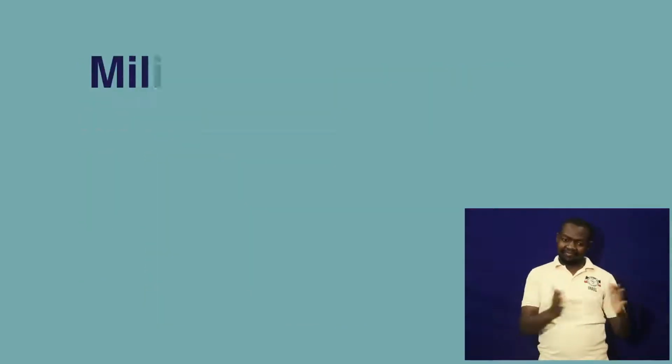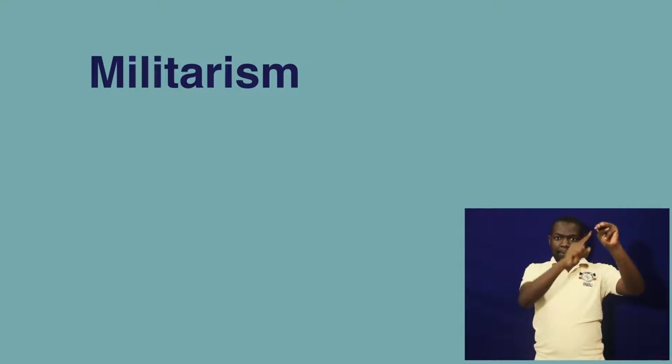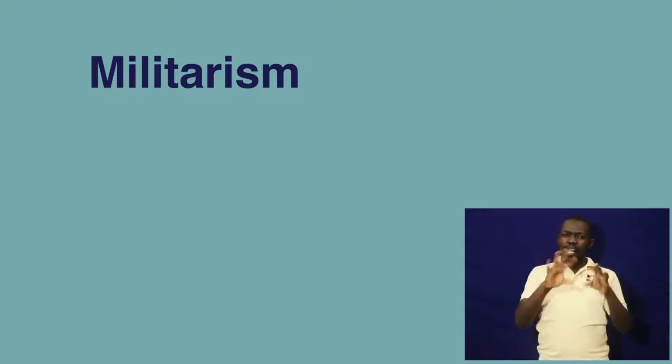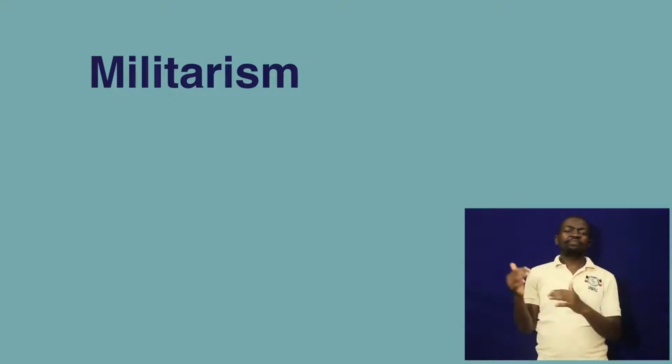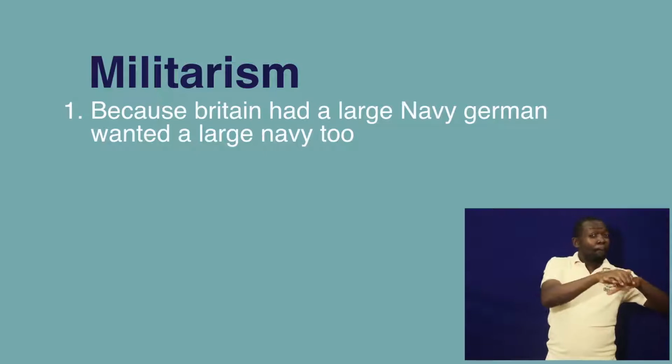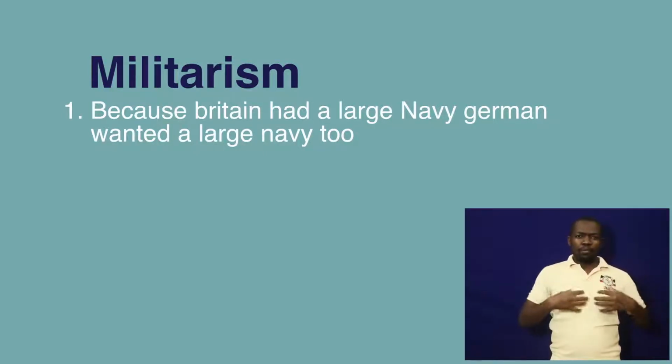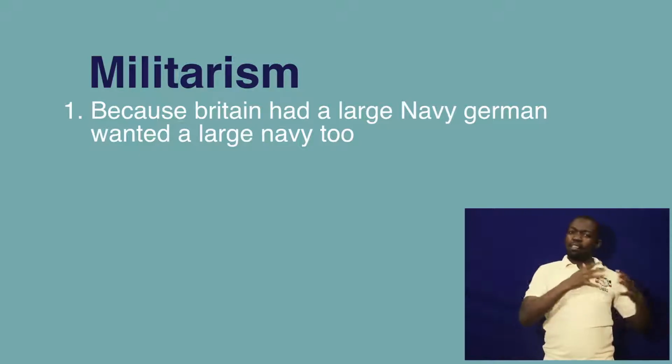Let's look at militarism in detail. Militarism was one of the four major causes of the war. Because Britain had a large navy, Germany wanted a large navy too. It was an arms race.